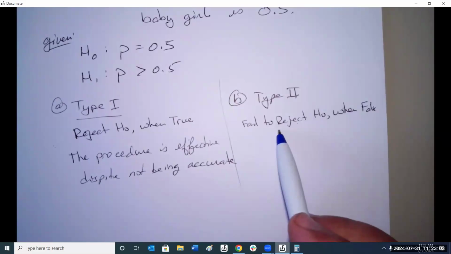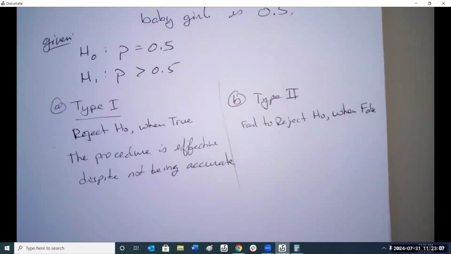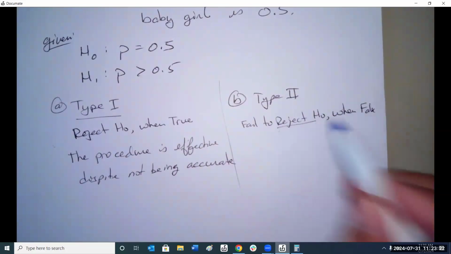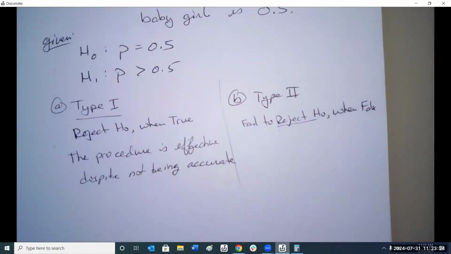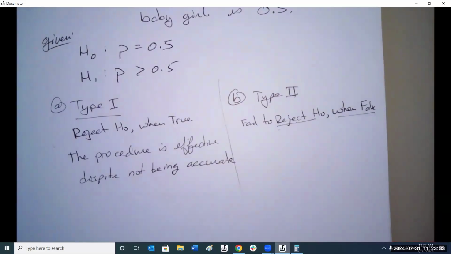Failing to reject it. What is the likelihood of occurring? Greater than 0.5. Or H0, the null hypothesis, says you can't predict. So P would be 0.5.